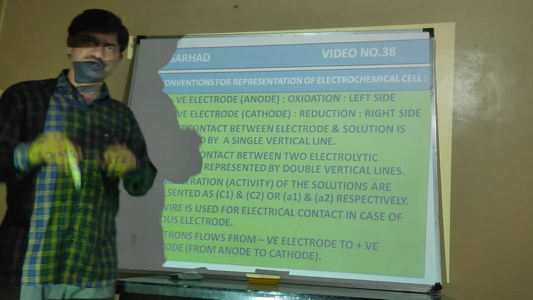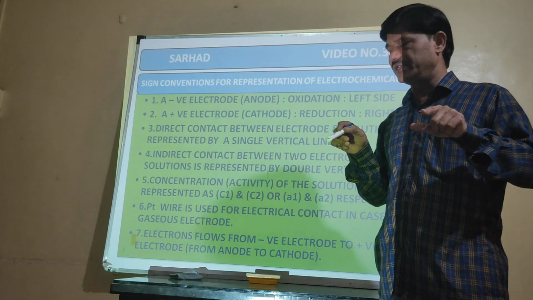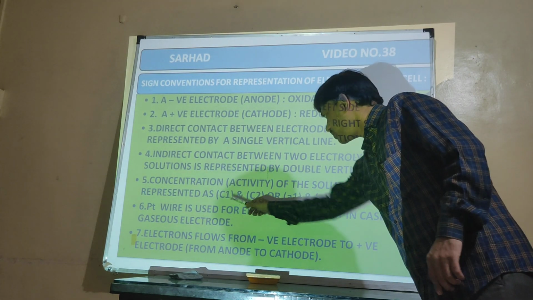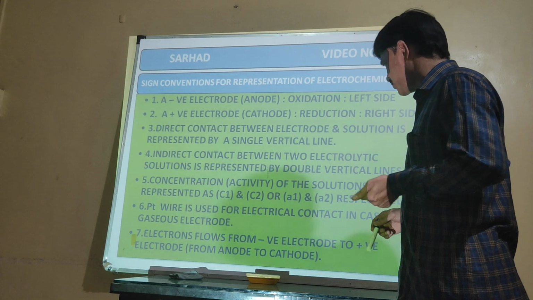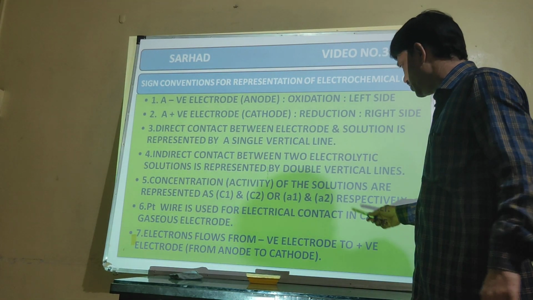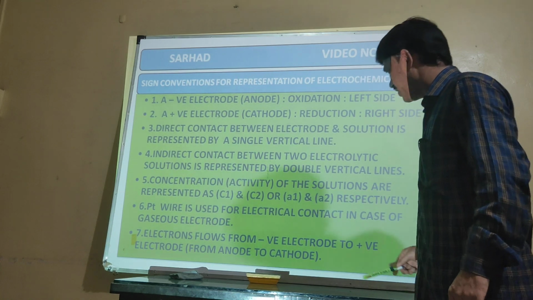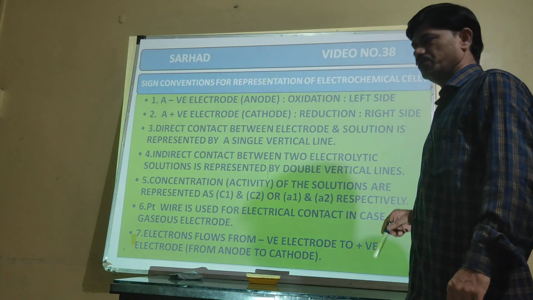Whatever may be the understudy solutions, you have to indicate their concentration in round brackets. What do you have to write here? C1 for the first solution, C2 for the second solution, or in some text or reference books, instead of concentration this word is used, that is activity, A1 for the first solution, A2 for the second solution.